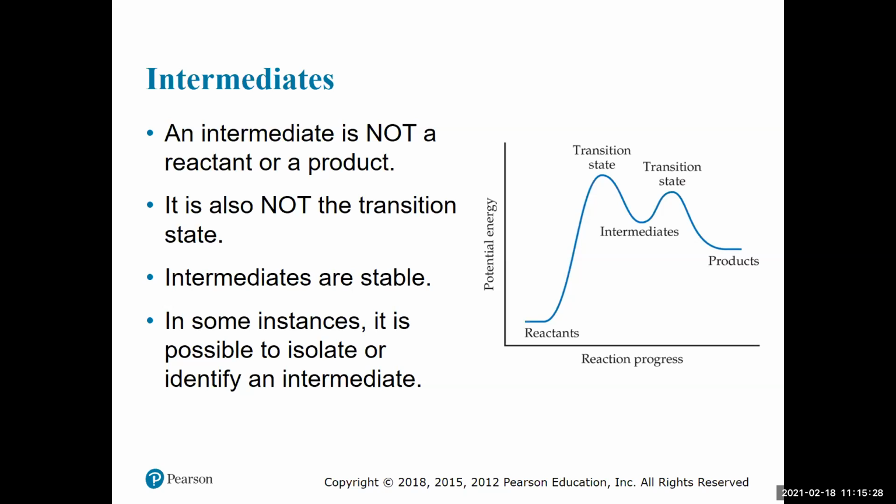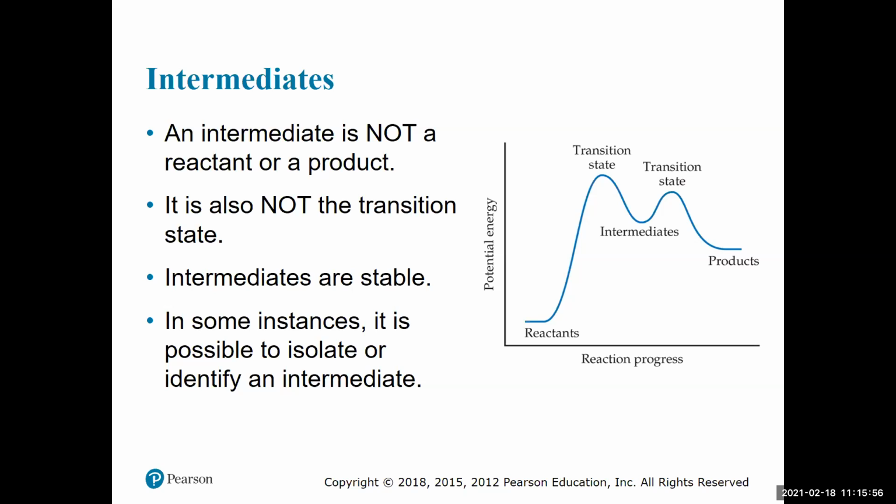That's the intermediate. On these energy diagrams, where we have reaction progress on the x-axis and potential energy on the y-axis, what you'll see is this increase in potential energy, so you get the transition state. You get to that point, the reaction starts to occur, and then you've made whatever the intermediate is, and you always have a dip there in this plot. And that's where the intermediate is.